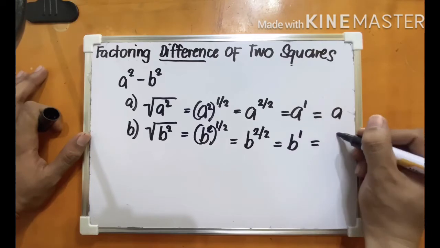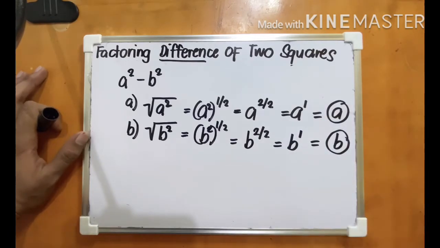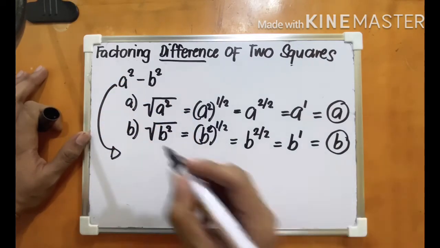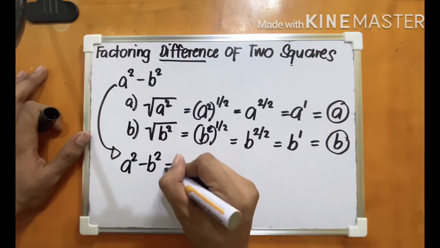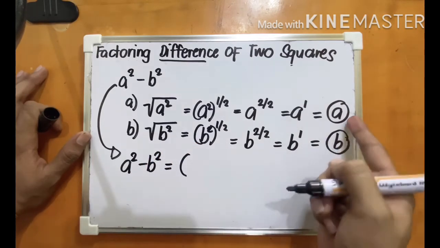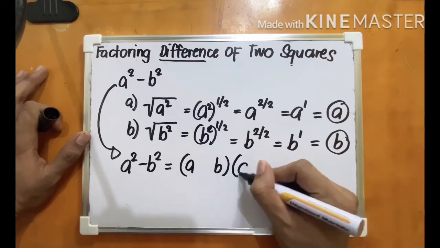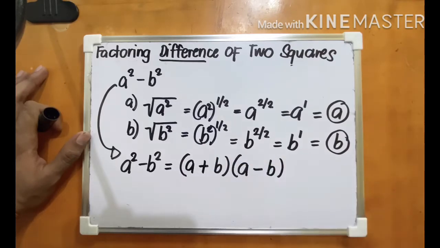So the answer is b. So a and b. Now what is the use of that a and b? According to the rule, a squared minus b squared is equal to, use the two, a, b, then put plus and minus.